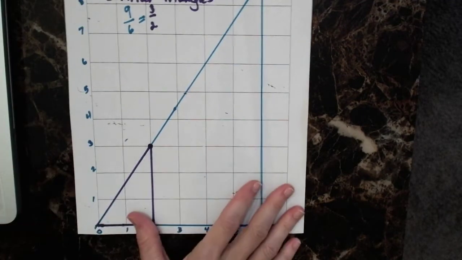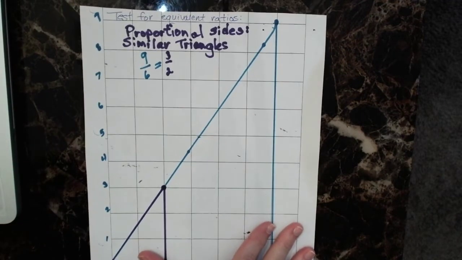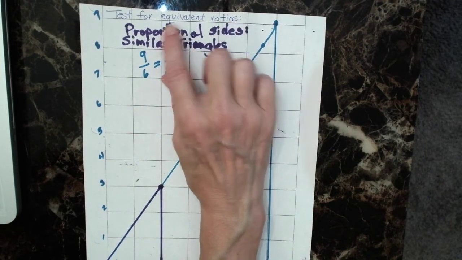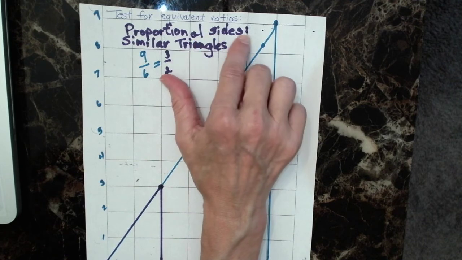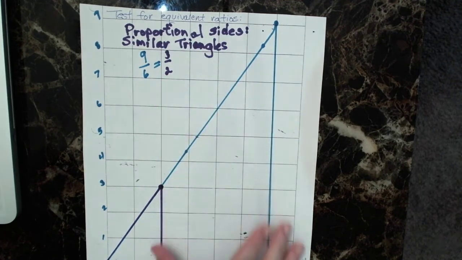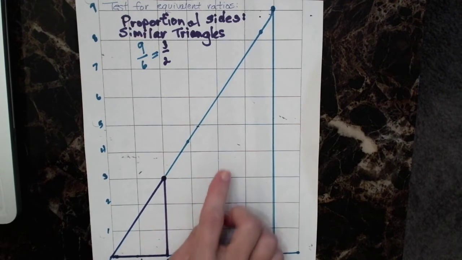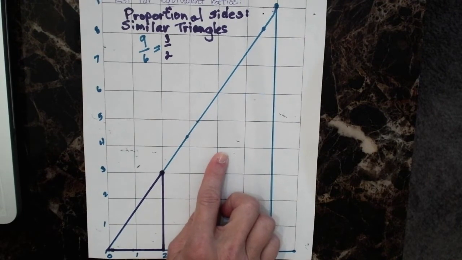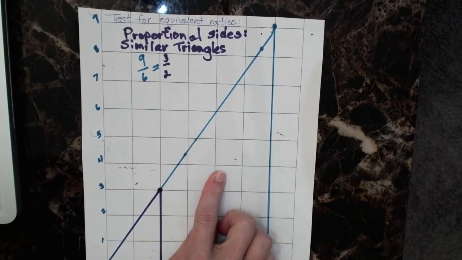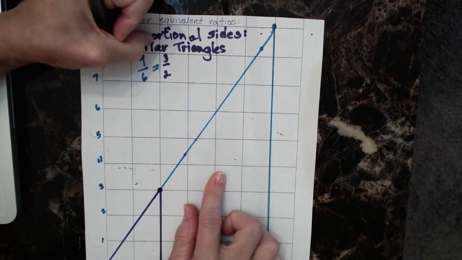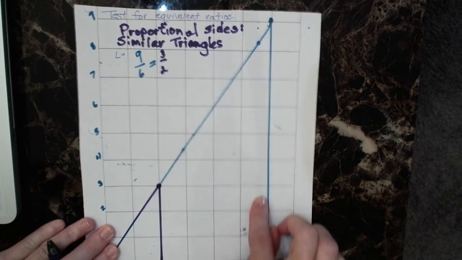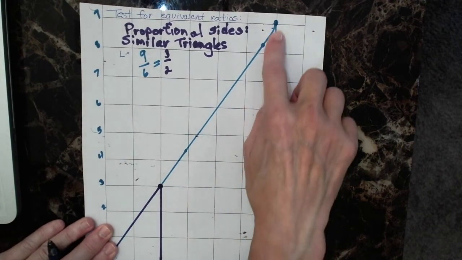And the last example, testing for equivalent ratios is the same thing as a proportion. So proving again that there are proportional sides to these two triangles, which are similar, this time we're looking at the length of this triangle here is 9.